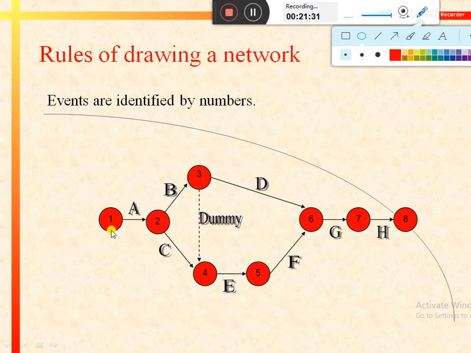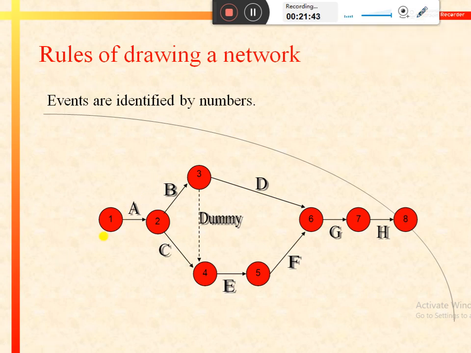Generally we start from the left hand side and assign the first event a numerical value equal to 1. Similarly, the second event is denoted as 2 and the third event is denoted as 3.